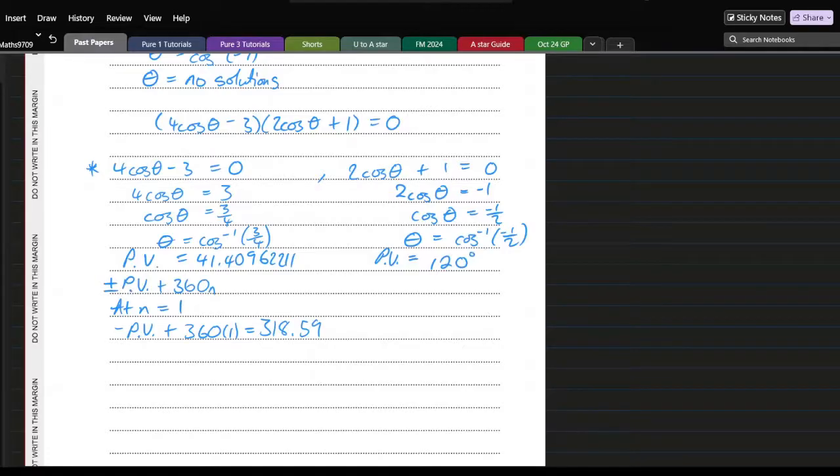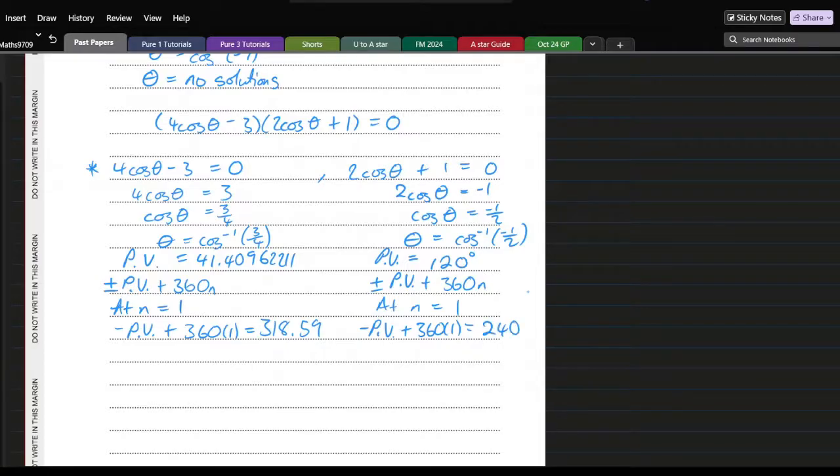120 degrees. Alright, and again we'll use the formula plus or minus PV plus 360 N, with N equal to 1, and again we should get our solution from negative PV plus 360 times 1. So that's going to be 360 minus 120, or minus 120 plus 360 if you prefer, which gives us 240 degrees.